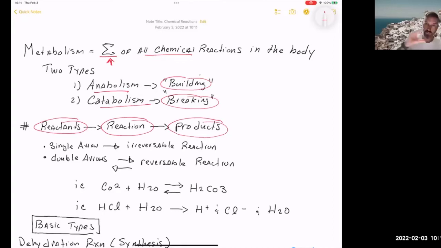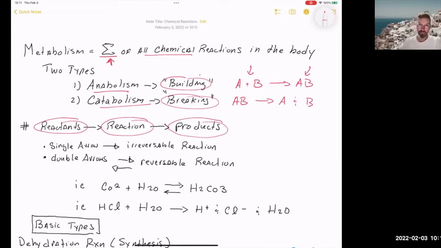This can be building: reactant A plus reactant B can be added together to form a molecule AB. That would be building, or what we call a synthesis reaction. You could also have molecule AB break down into products A and B. Either way, you start out with reactants and you end with products.